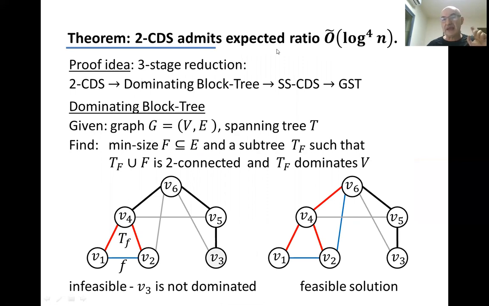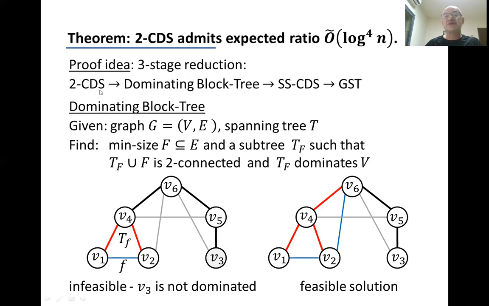So expected ratio, it's a randomized algorithm, and the tilde above the O means that we suppress the log terms. And the proof idea here is a bit more complicated reduction, a three-stage reduction. The three stages are as follows.